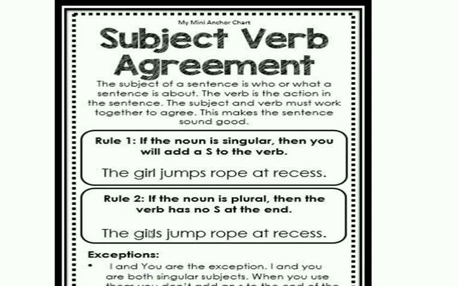Like here, for example, I can say using this, I jump rope at recess is correct. You jump rope at recess is also correct. We should not say I jumps rope at recess. You jumps rope at recess. For I and you always have to use the main verb without s.